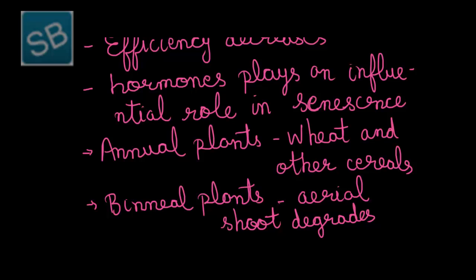For example, in autumn, in biennial plants, all the leaves drop off. This is a symptom of aging or senescence.